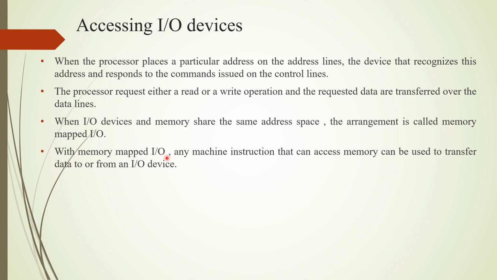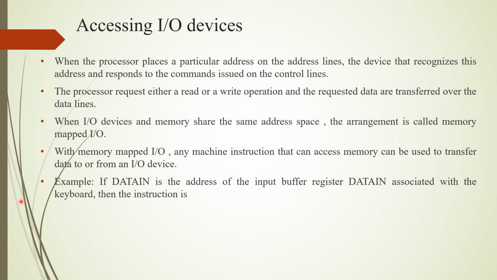With memory mapped IO, any machine instruction that can access the memory can be used to transfer the data to or from an IO device. For example, if data in is the address of the input buffer register associated with the keyboard, then the instruction we can use to transfer the data from the keyboard to the internal register can be move data in, R0, where move acts as an opcode.